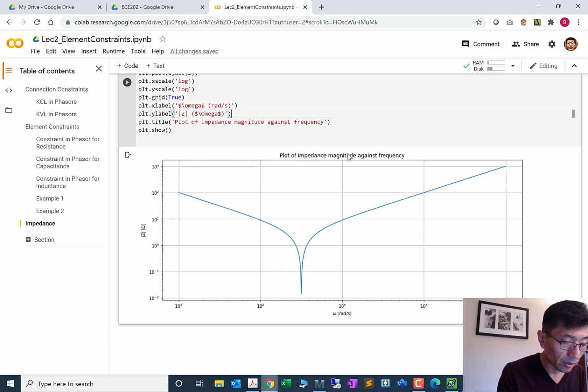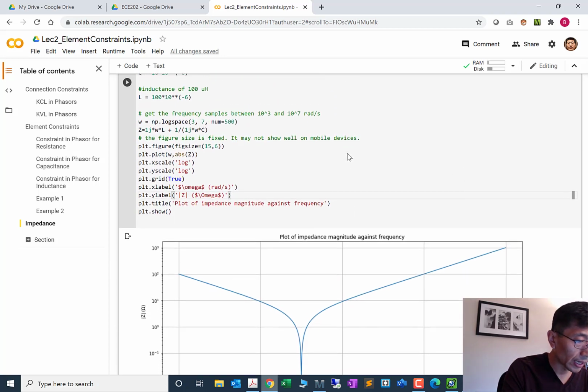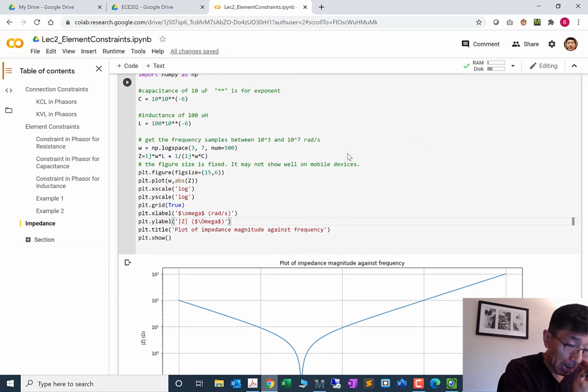This frequency corresponds to about 31 kilo radian per second. We calculate, if I use the parameters here, I have 10 microfarad capacitance and 100 microhenry inductance.